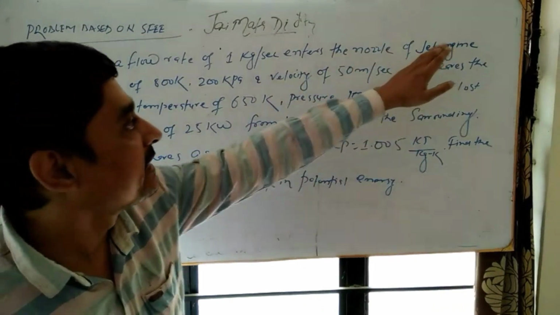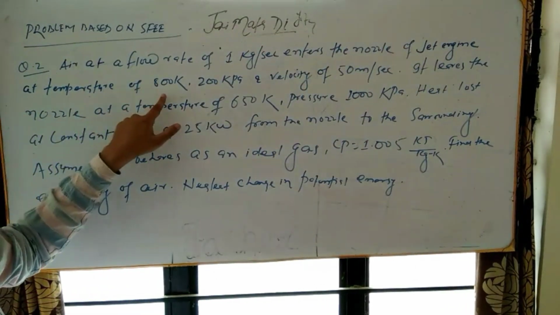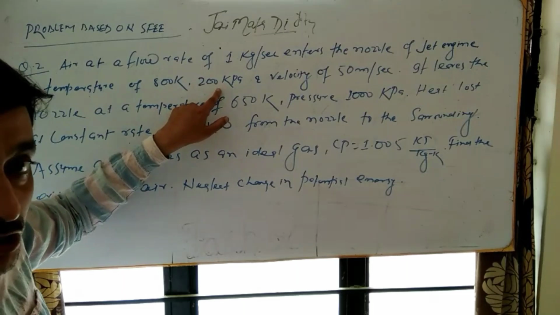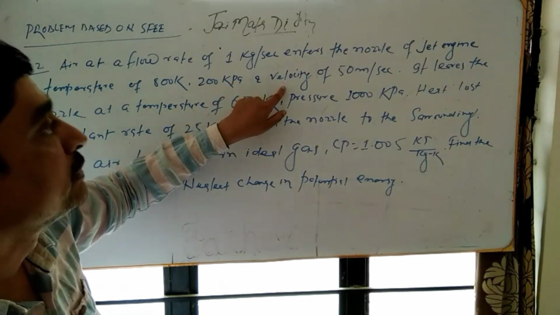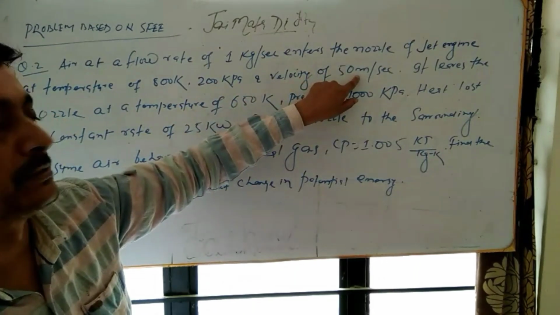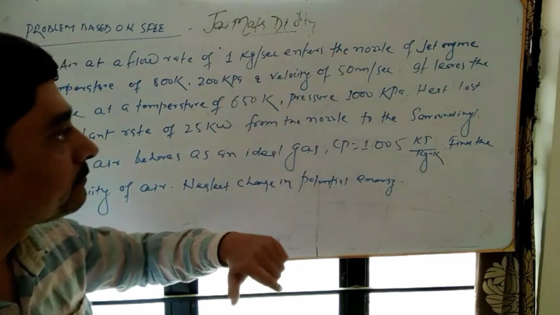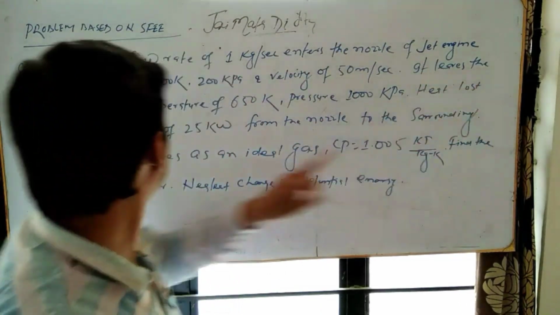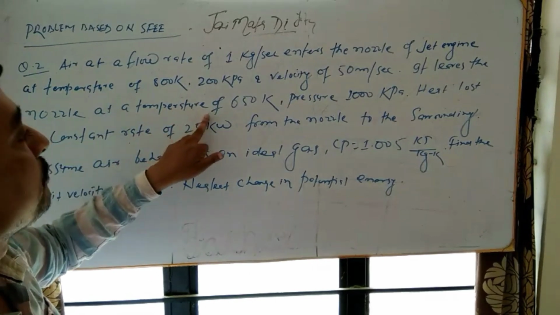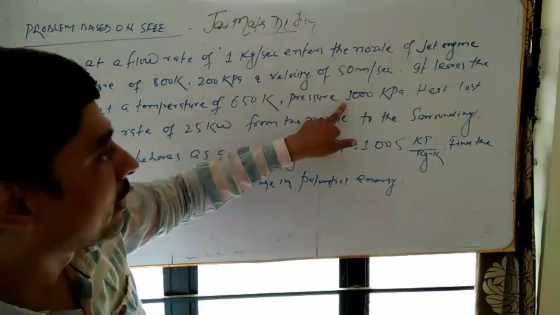That means at an entry of this nozzle, the temperature is 800 Kelvin, the pressure is 200 kilopascal and velocity of air is 50 meter per second. Okay. It leaves the nozzle at a temperature of 650 Kelvin, pressure 100 kilopascal.